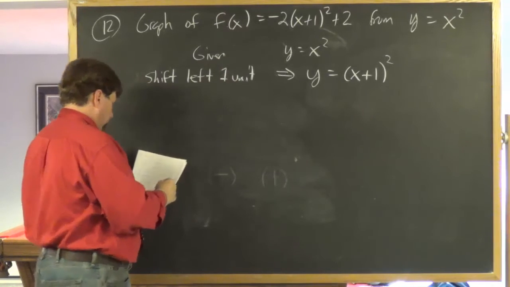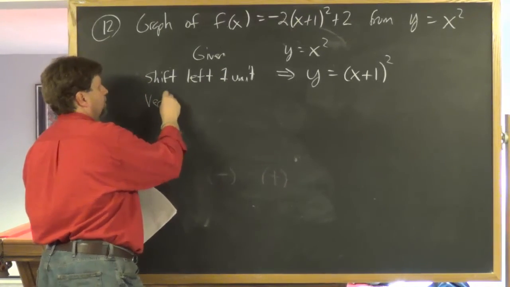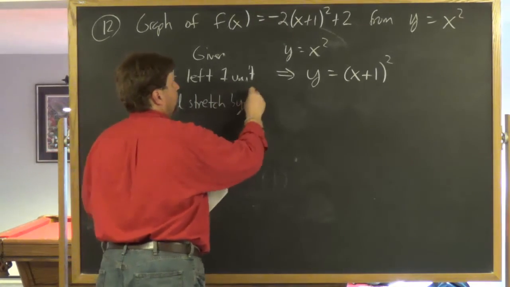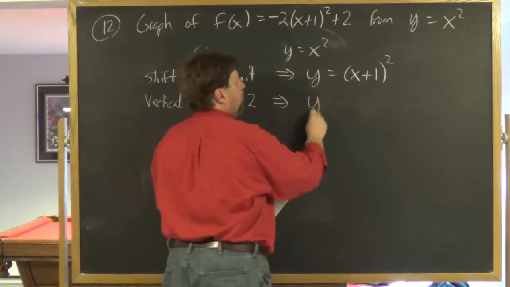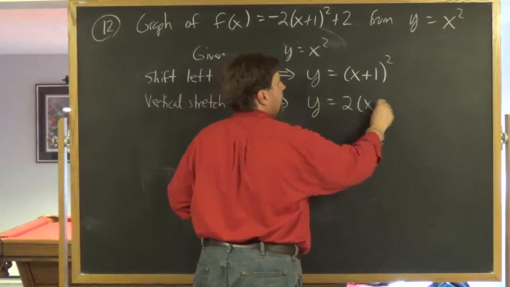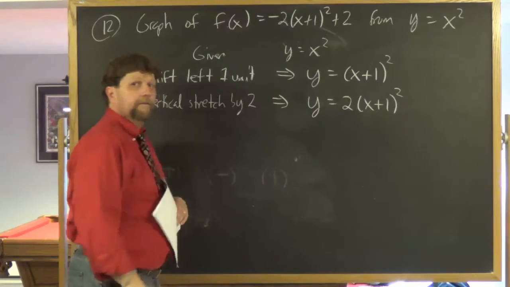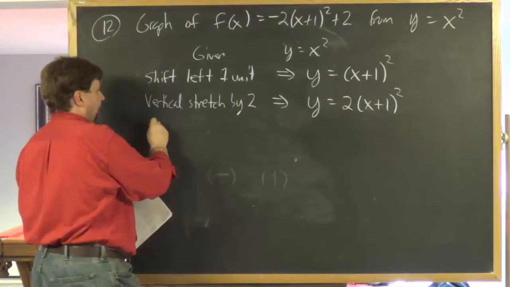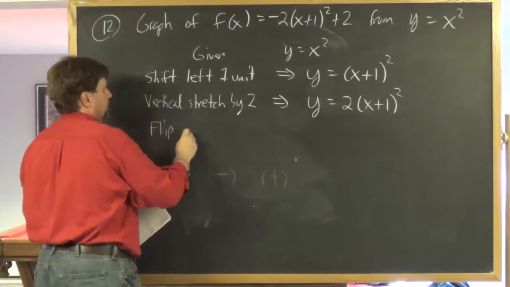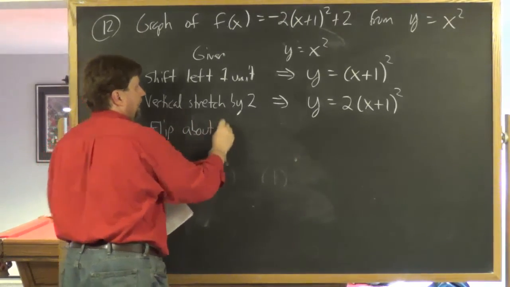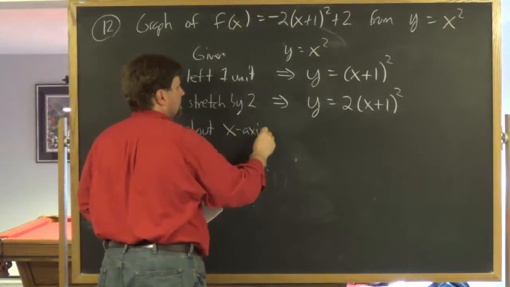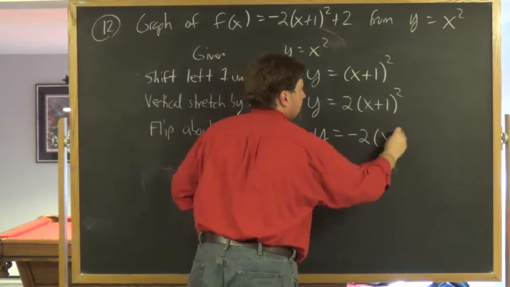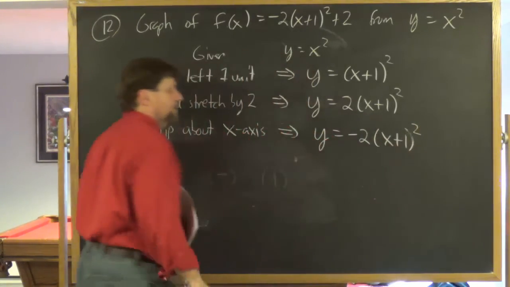Okay, now if I do a vertical stretch by 2, that gives me y equals 2 times the quantity x plus 1 squared. I'm getting a little closer to where I need to get to. Now if I flip the graph about the x-axis, that gives me y equals negative 2 times x plus 1 quantity squared.